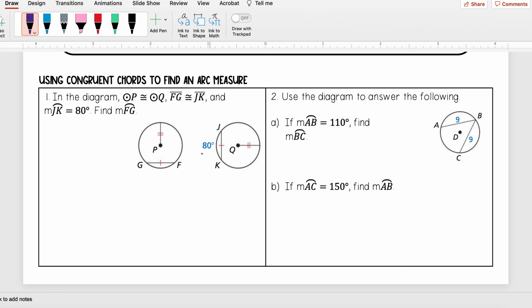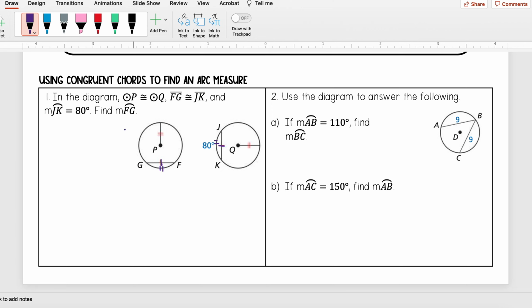Well, I see that JK is congruent to GF in those markings. I do have two congruent circles, and I know that because the radii are congruent. And so I know from my theorem that the arc of that chord is going to be congruent.